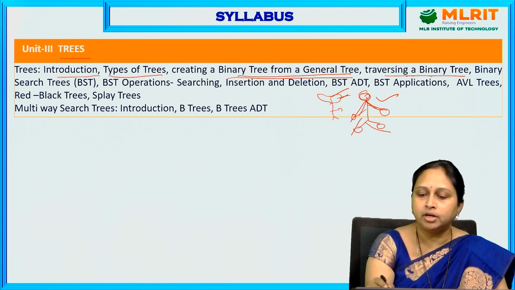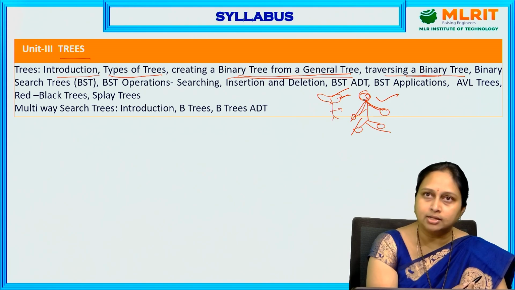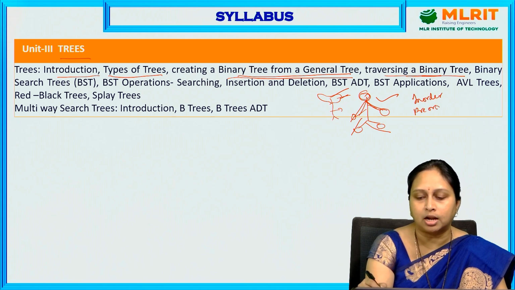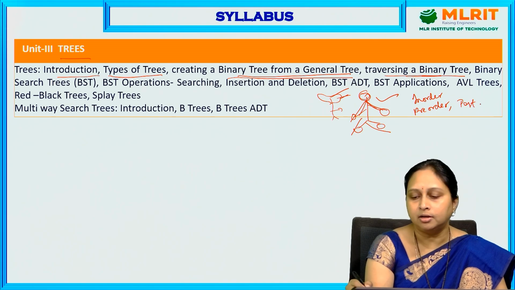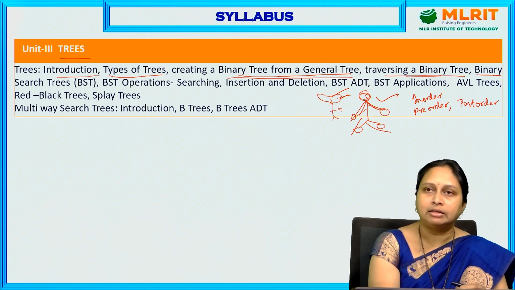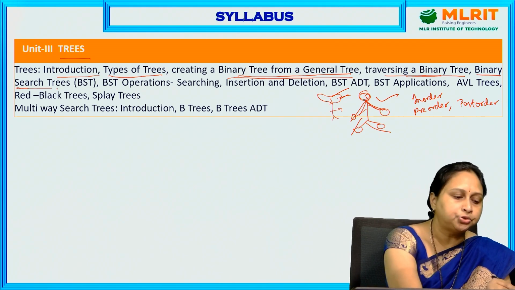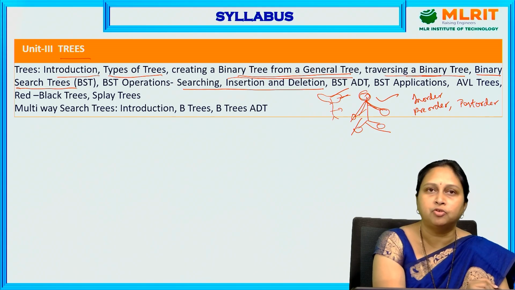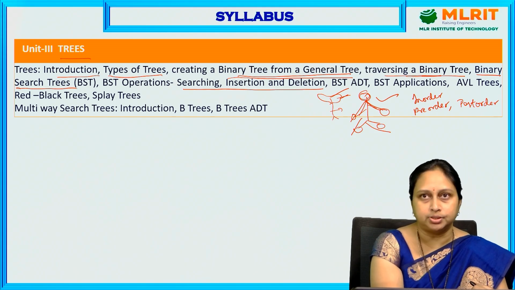And here we have different traversing techniques, that is, in-order traversal, pre-order traversal and post-order traversal. These concepts also we are going to cover under traversing techniques. And not only binary trees, we will be looking into the other concept, that is binary search trees, BST, and the different operations we are going to perform on binary search trees.